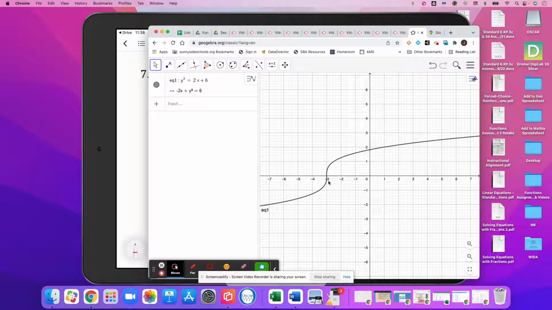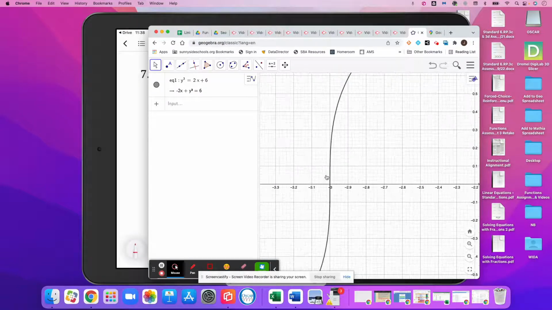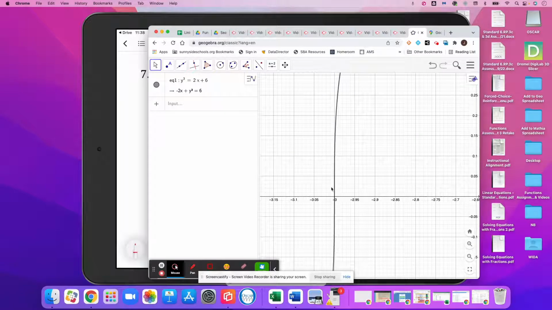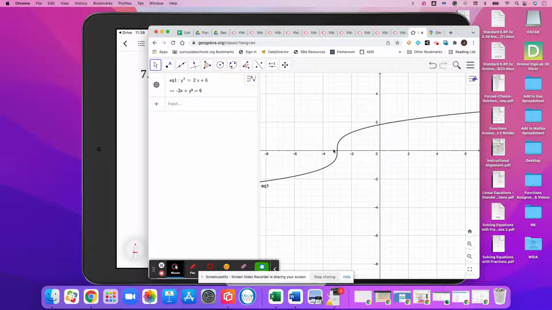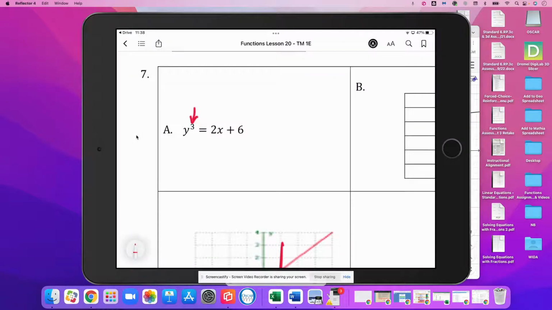You'll notice that even though it looks kind of close right there that I might be hitting a bunch of points if I zoom way in, the line actually never gets vertical. It has a tiny bit of a slant to the right to it. So this is what y to the power of 3 looks like. And you can see that I would not hit in more than one spot if I drew vertical lines.